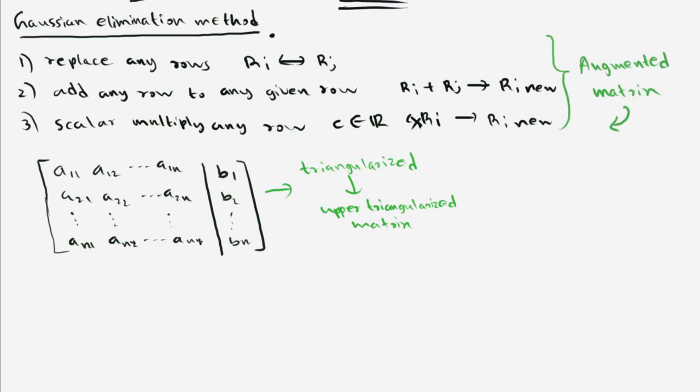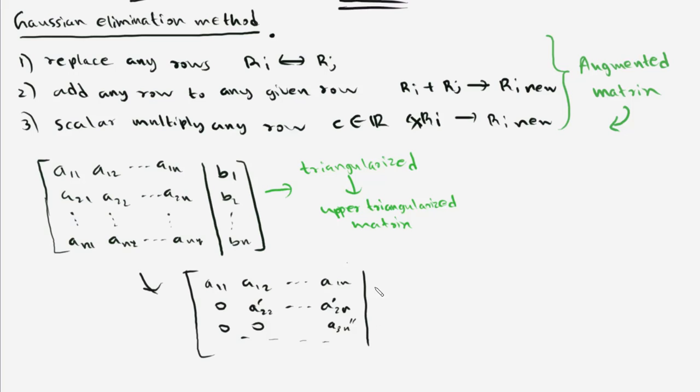The newly produced matrix will be something like this: a11, a12, a1n, then 0, a22 dash, a2n dash, then 0, 0, and so on, with a3n dash, and there will be some new b3 values as well.